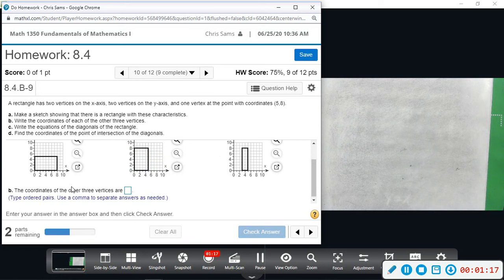Coordinates of the other 3 vertices, we just pick those ordered pairs here. And we're going to type ordered pairs, use comma to separate answers. Okay, so we have an ordered pair at 0, 0.